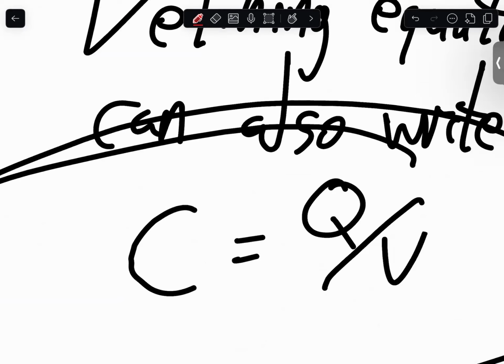Capacitance is how much charge you can shove on it per volt developed across it. Definitional equation, triple equal sign. Always true.